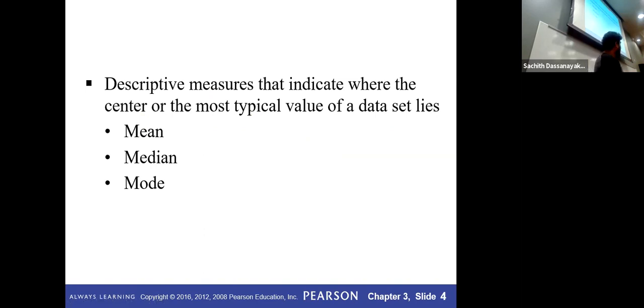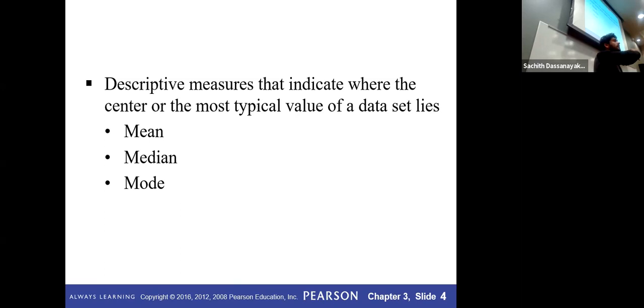Okay, mean is simply what we call average. The sum divided by the total, it is the mean. Median is the middle value in your data set. And the mode means the most frequent value in your data set.